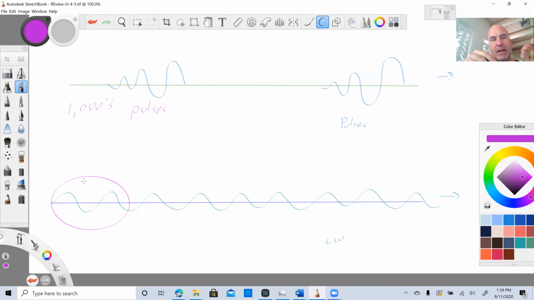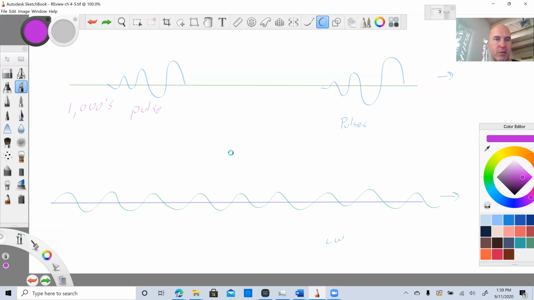It just takes a snippet out. That snippet represents, because it is of that frequency, millions of cycles per second, or millions of hertz.